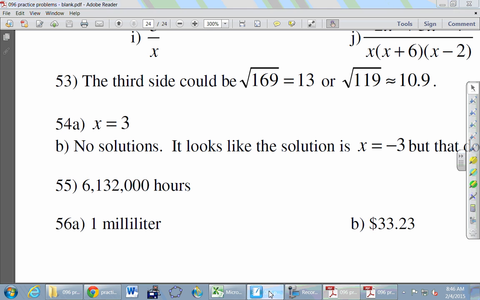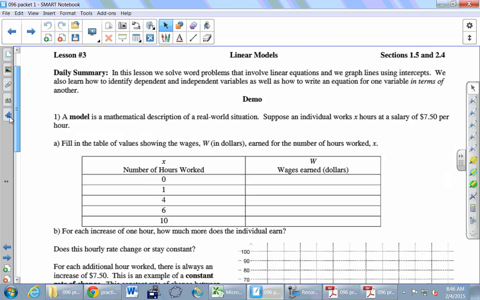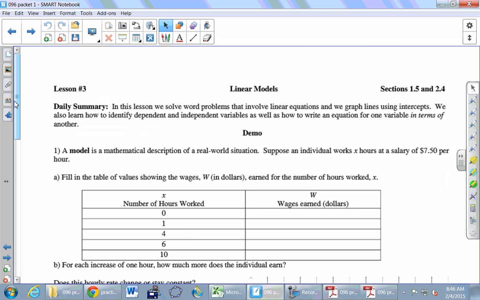Okay, so we are finally back here on page 15, and we need a reader for the daily summary. Jeremy, can you read the summary?